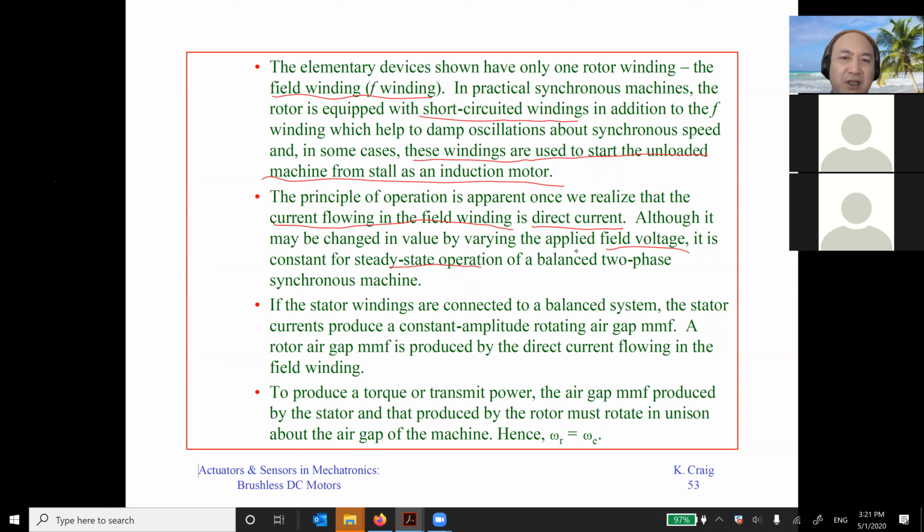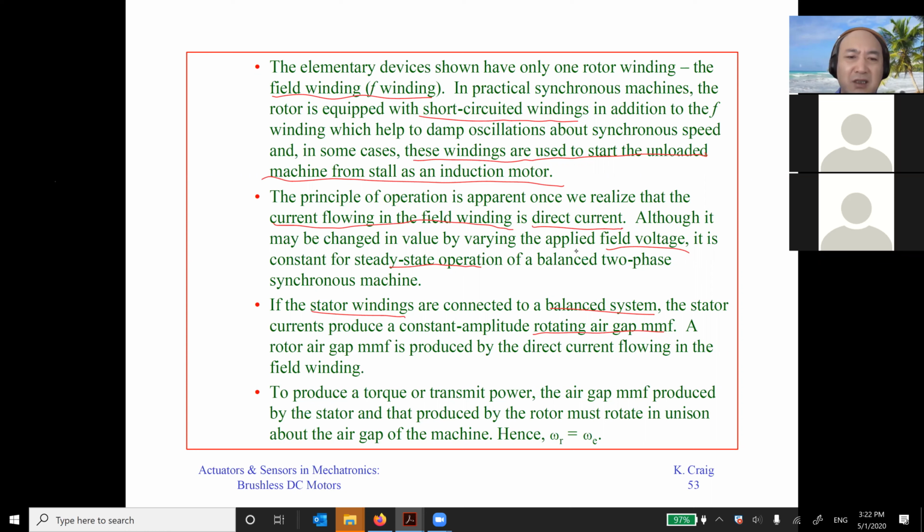The stator winding is connected to a balanced system, and the stator current produces a constant amplitude rotating magnetic field. The magnetic amplitude is constant, but the air gap magnetic field is actually changing. At different positions, I have different magnetomotive force.